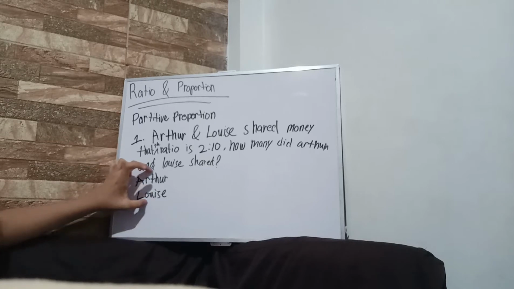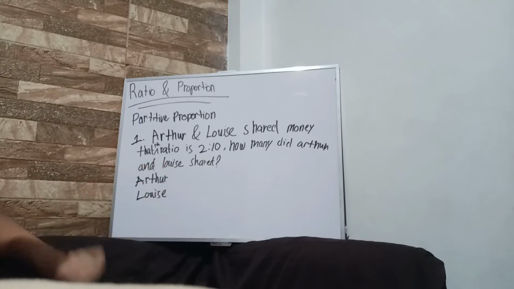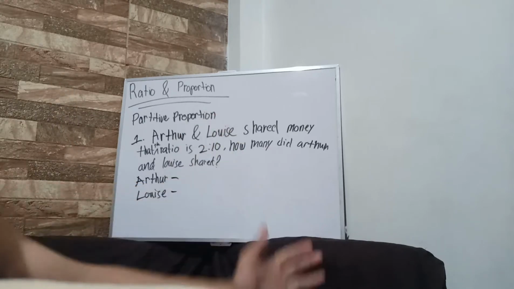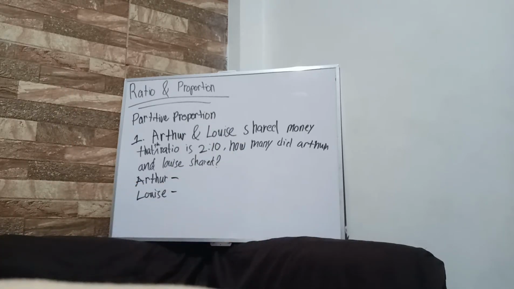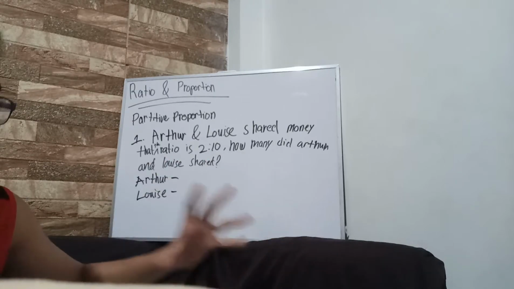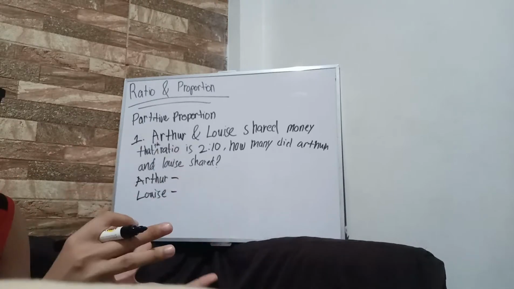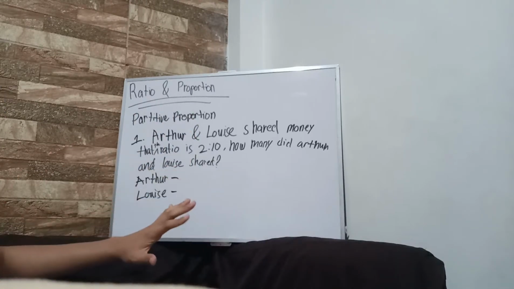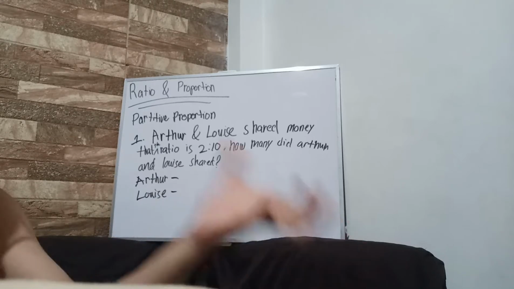So the question is, how many did Arthur and Luis share? For example, they have 10 pesos that they shared. So we have 5 and 5. So Arthur and Luis gave 5 pesos to create 10 pesos.